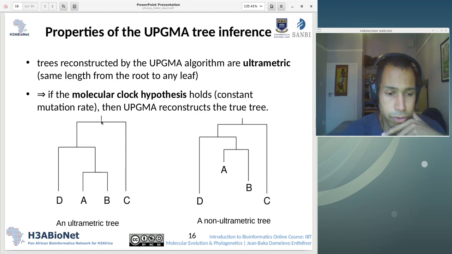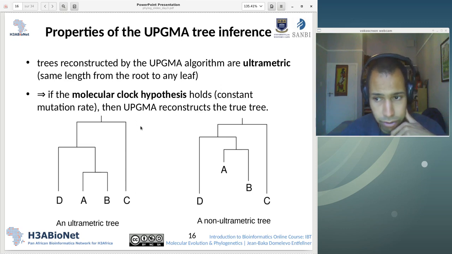The distance between the root and any of the leaves is the height of the root as defined by the UPGMA algorithm. This tree is non-ultrametric, meaning that you have a shorter distance between the root and A than the distance between the root and D, for instance.